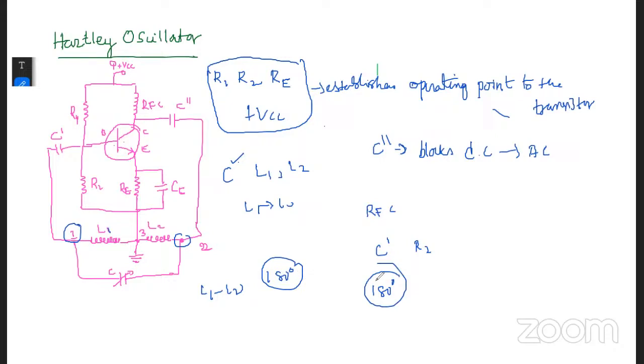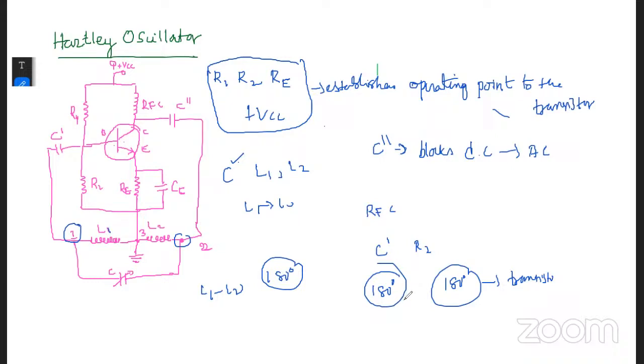This 180 degrees of phase shift is provided by these inductor coils, and the remaining 180 degrees of phase shift is produced with the help of the BJT, the transistor, between input and output voltage.